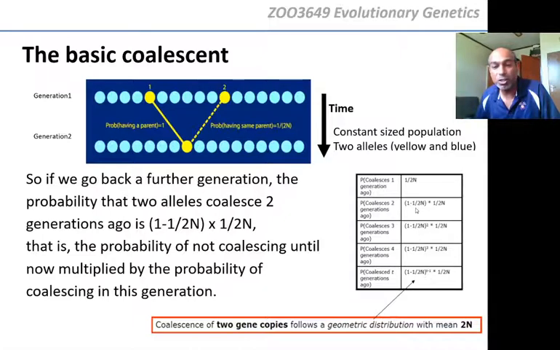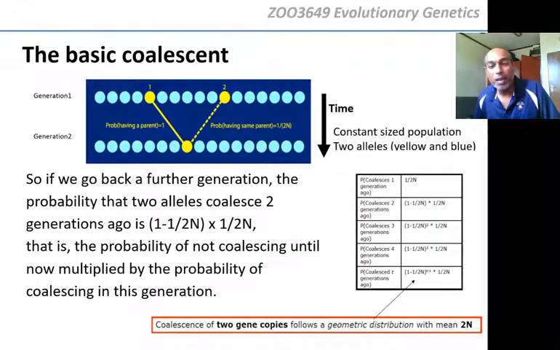It's this geometric distribution where, for the probability of coalescing in 2 generations, you have 1 minus 1 over 2n, right? And for 3 generations, you have 1 minus 1 over 2n squared. In other words, multiplied by itself again. Okay?